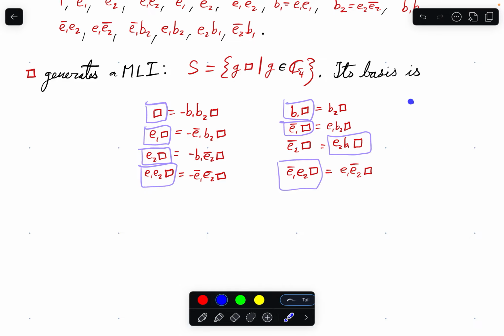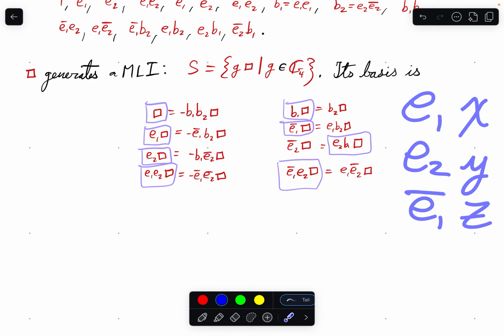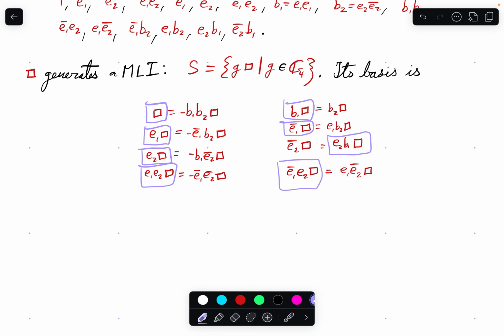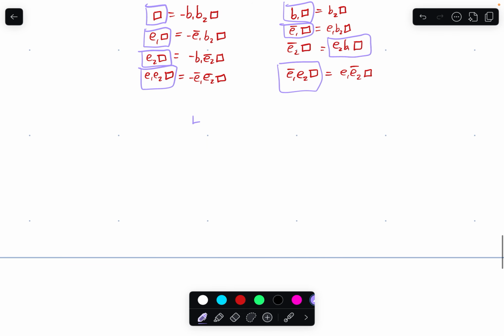And so I'm going to choose to represent things in E1, E2, and E1 bar because it's like having your X, Y, and Z directions. So let's rewrite this all. So I have box, then E1 box, E2 box, and then E1 bar box, then E1, E2 box, and then E1, E1 bar box.